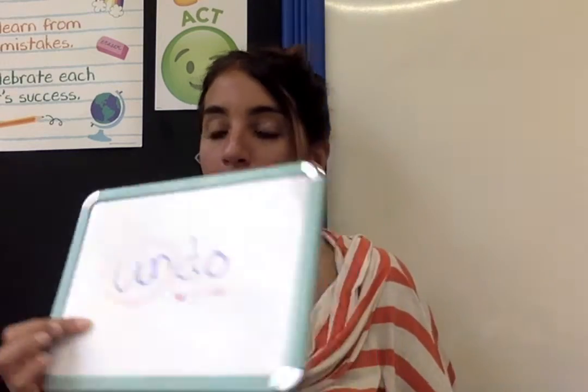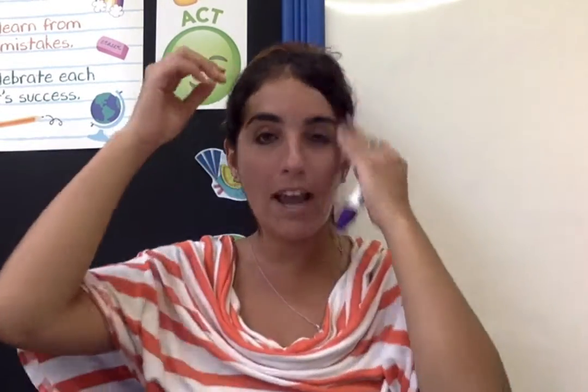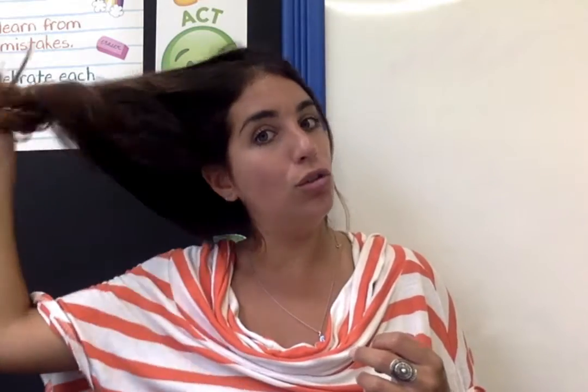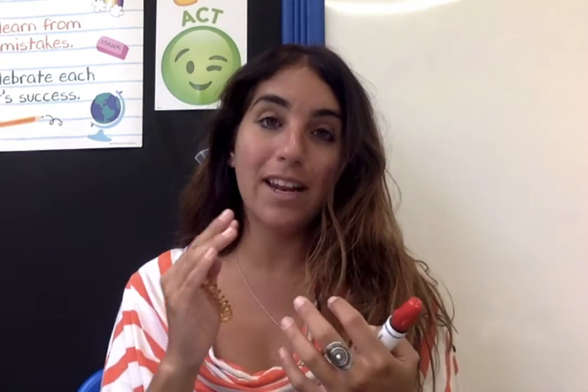So, for example, if I have my hair like this is my hair, and if I undo my hair, I'm going to take it down, okay? That would be undoing my hair. So when you undo something, you do it in a different way so that it's not the same. So that would be the meaning of the word undo.